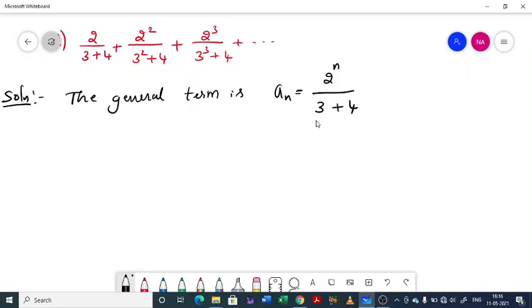So it will be again n. So the general term is a n equal to 2 power n by 3 power n plus 4. So you can guess a n plus 1 here only. A n plus 1 equal to 2 power n plus 1 divided by 3 power n plus 1 plus 4.